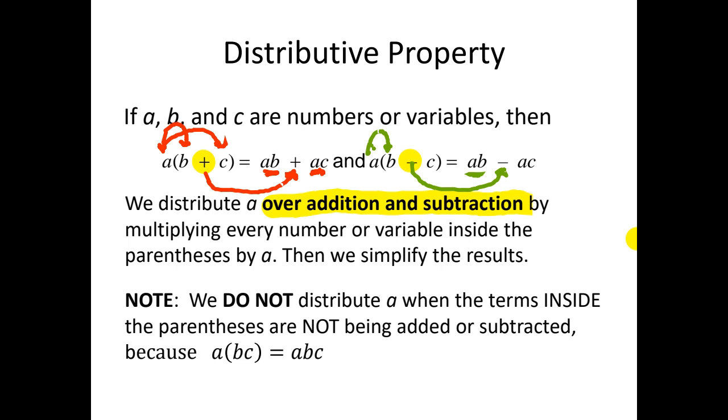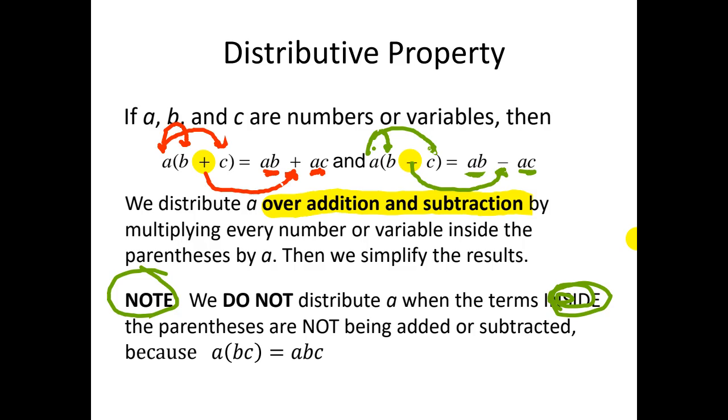Now be real careful here, because they are now going to give you some old stuff with new stuff, and that's Pearson. If you're given A parentheses B, C, now notice inside the parentheses there is no plus or minus.